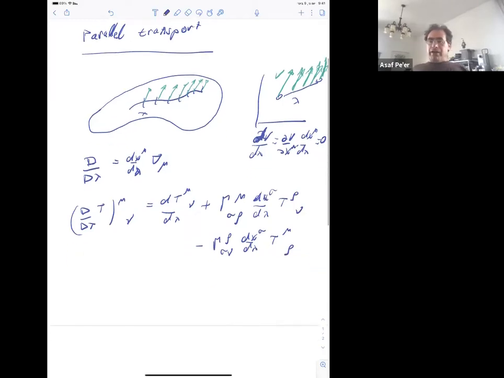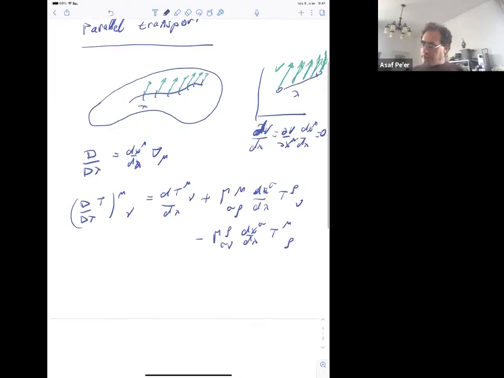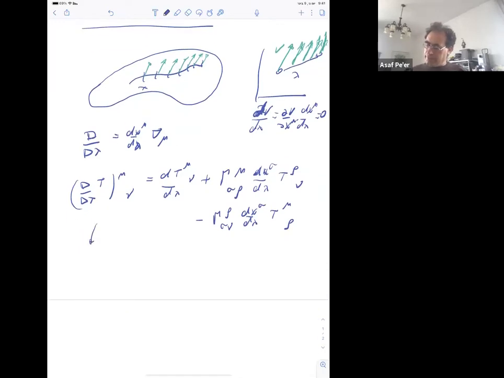And that's true for any tensor of any rank. This is the equation of parallel transport.